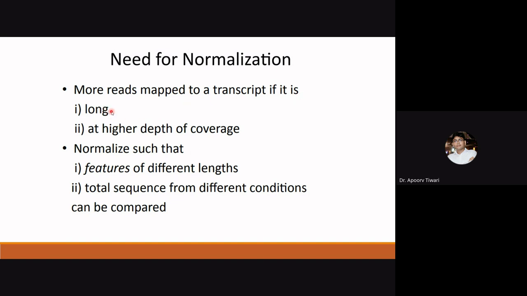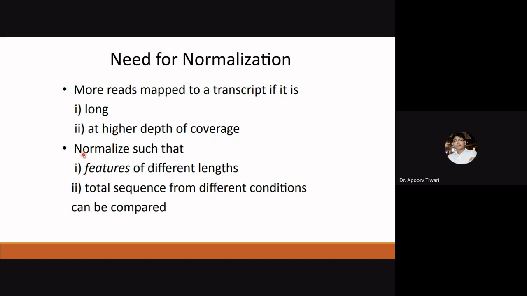If one transcript or gene has a very long length, then a large number of reads will map, and in the same way, in a gene which has a short length, the mapped reads are fewer. Also, at higher depth coverage, the number of reads also increases. So that's why there is a need for normalization of our data.